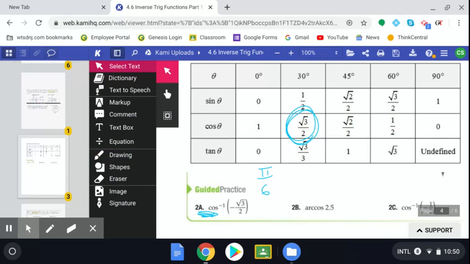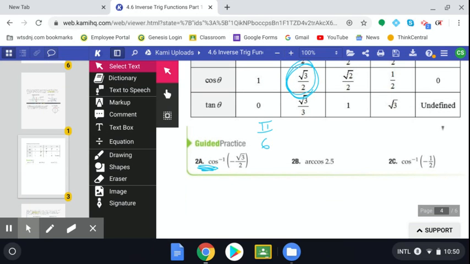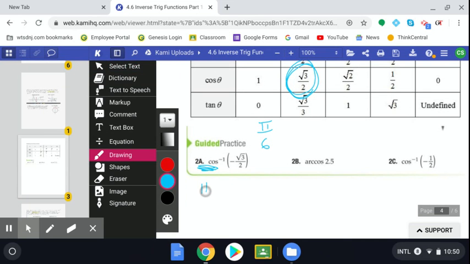So now I need to do my pi minus pi over 6, because it's negative. So then I get 6 pi over 6 minus pi over 6, and the answer is 5 pi over 6.